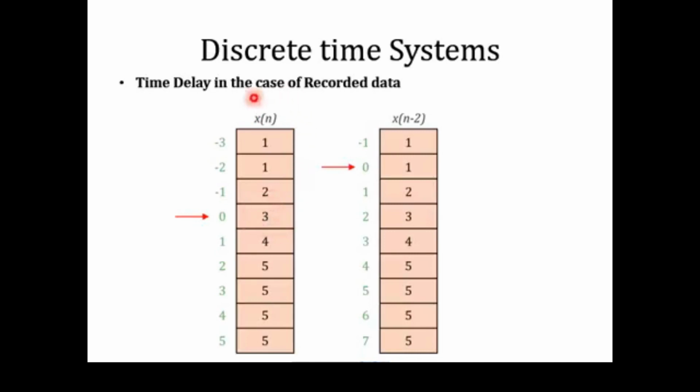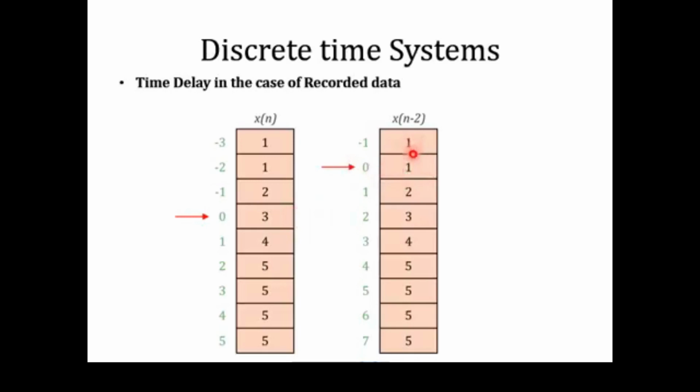Now if we want to delay this sequence by 2 samples, what does it mean? As we discussed in the definition of the time delay operation, we want to access the previous history or previous samples of our signal. So if the amount of delay is 2 samples, we have to address 2 memory locations before the current one in order to access the sample value.